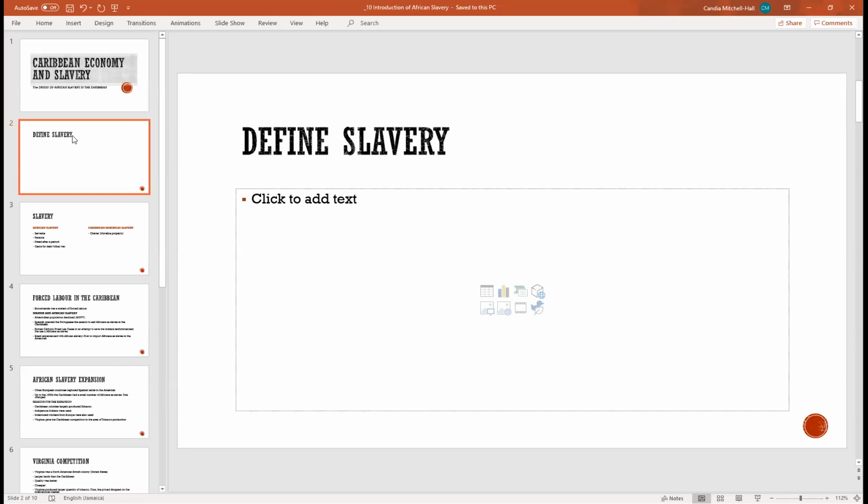Sir, like being forced to work without any pay, food, and clothing. So forced to work without food, without getting paid. Yes, both answers are, to some extent, correct. That is what comes to mind when we hear slavery.